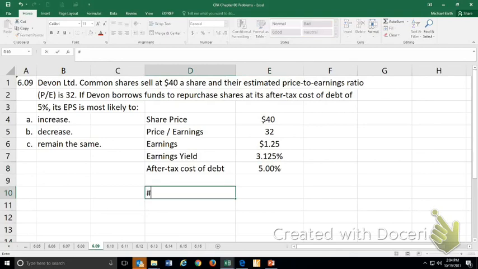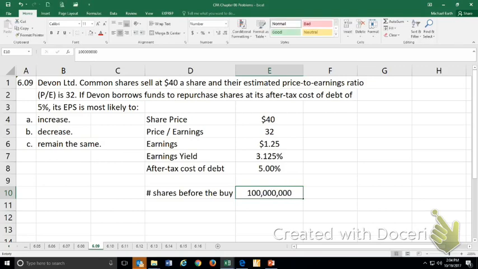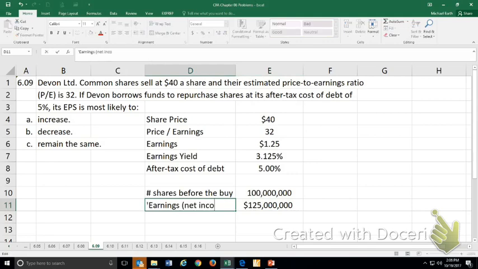Let's say the number of shares before the buyback, let's just say they had 100 million shares. And let's say that the total earnings, that's the net income of the firm, for the year, was 125 million bucks.